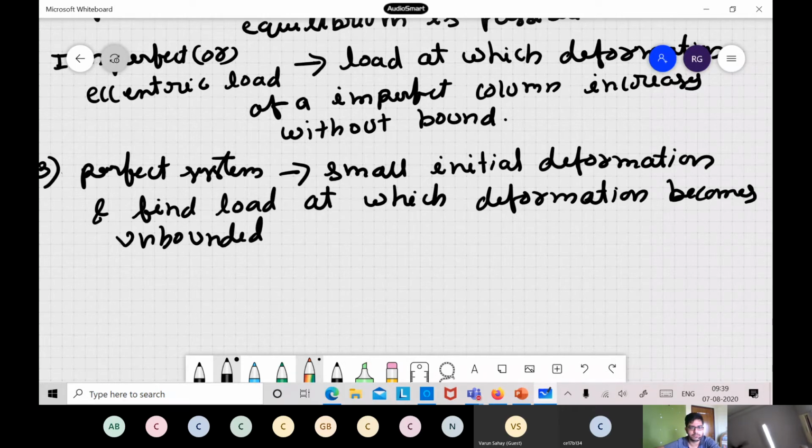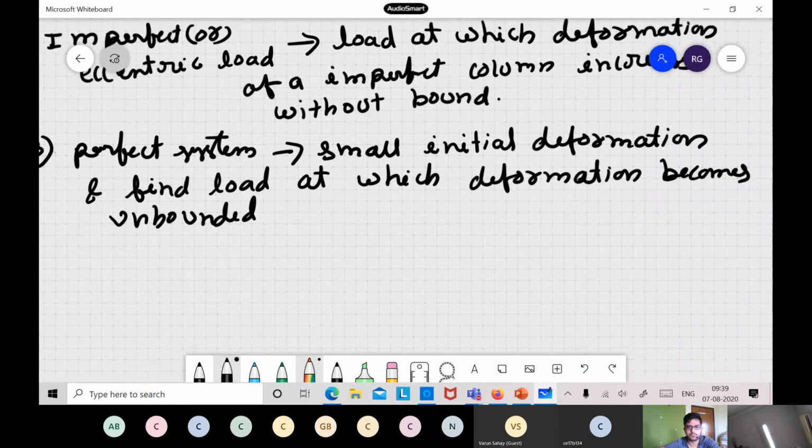So this is a definition of the critical buckling load, Euler's buckling load. Two definitions we can give. One is that mathematically neutral equilibrium is possible, or if you have a perfect system, you give a small deformation, verify its deflection, and find the load at which the deformation becomes unbounded. So this definition also we can give for the critical buckling load.